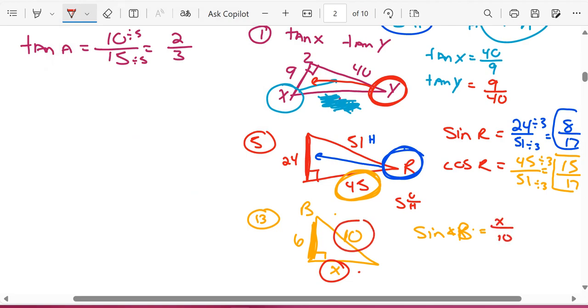No. What I do want you to do, and what I do expect you to do, is to find the missing side first. You could do that with the Pythagorean theorem: 6 squared plus x squared equals 10 squared. Once you find the missing side, then you can plug that in. But it should not be like x over 10.